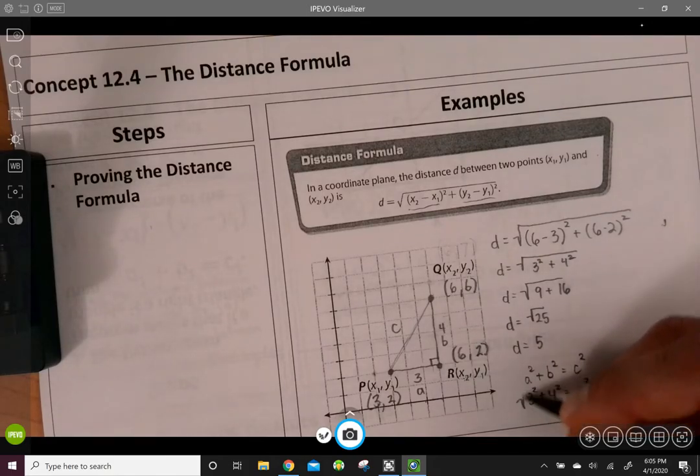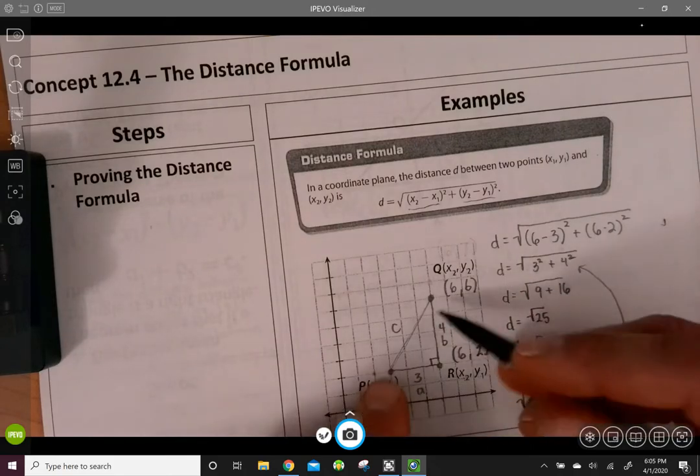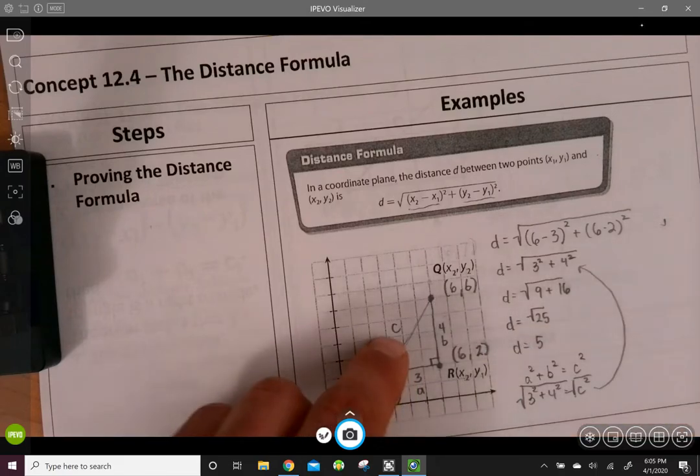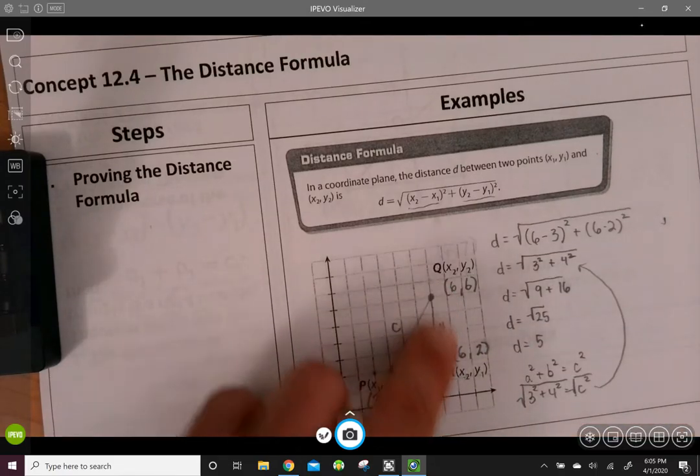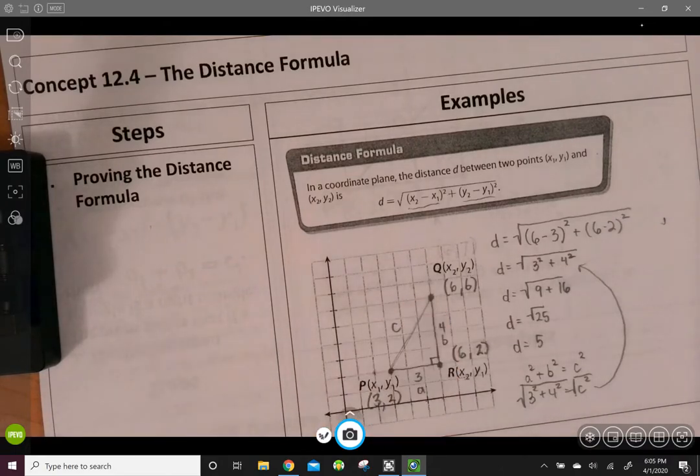If we take the square root of this, and the square root of this, this looks very much like the distance formula, except now C squared is in there instead of D. The distance between these 2 points is the same thing as the hypotenuse of the right triangle that we make on the coordinate plane. So that's kind of how we prove the distance formula.